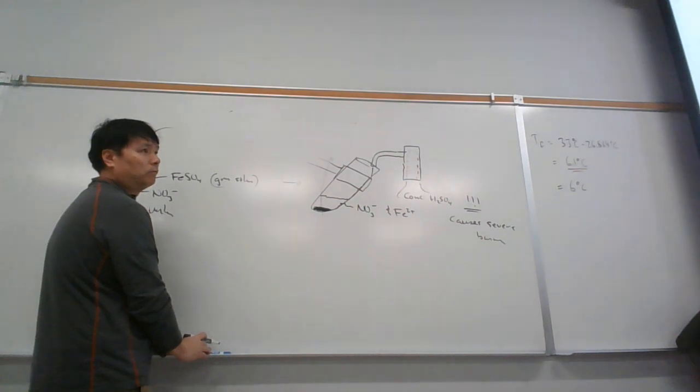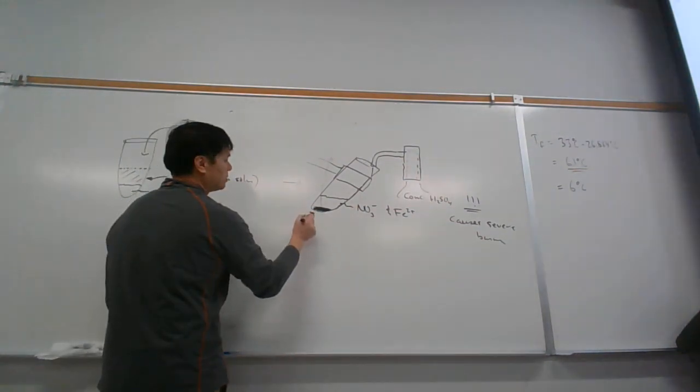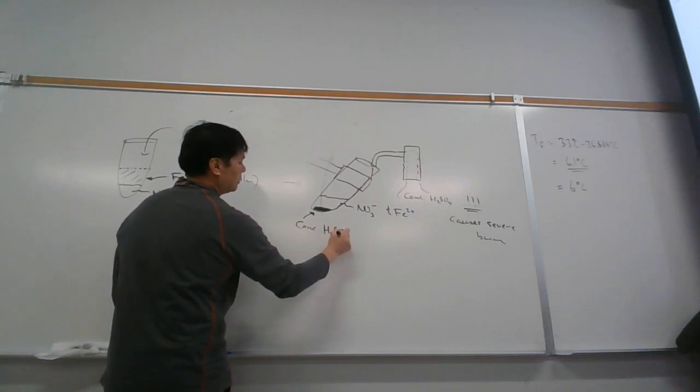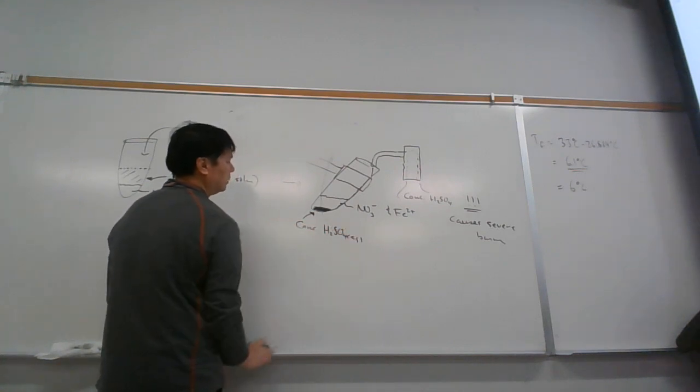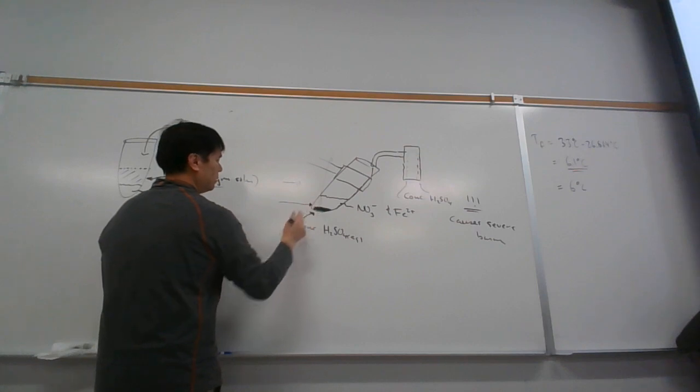And then we're going to look for a reaction to occur. So this will be the concentrated H2SO4 layer, a liquid layer here. And then you're going to look for a brown layer here at the interface.